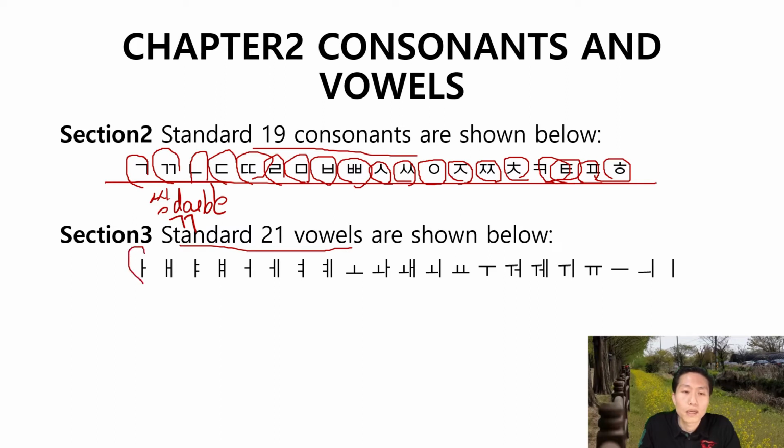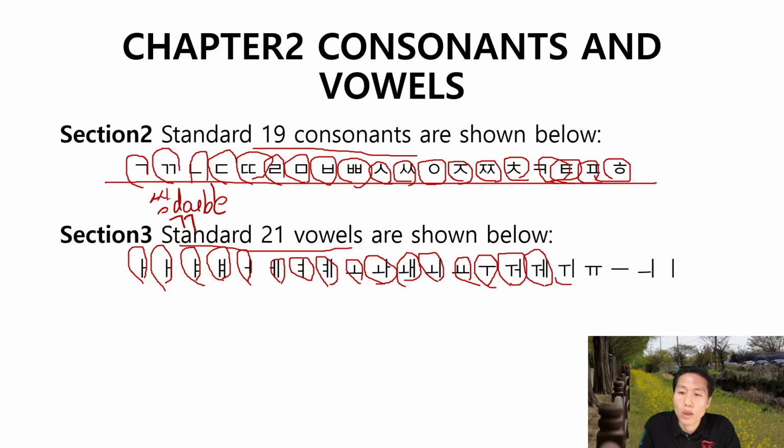Starting from 아, 애, 야, 얘, 어, 에, 여, 예, 오, 와, 왜, 외, 요, 우, 워, 웨, 위, 유, 으, 의, 이.